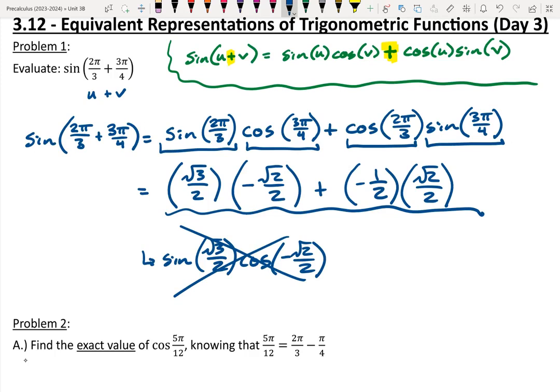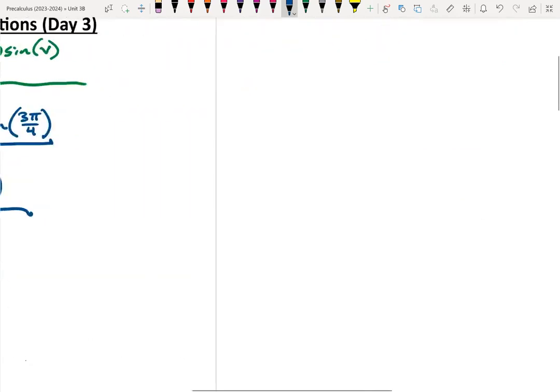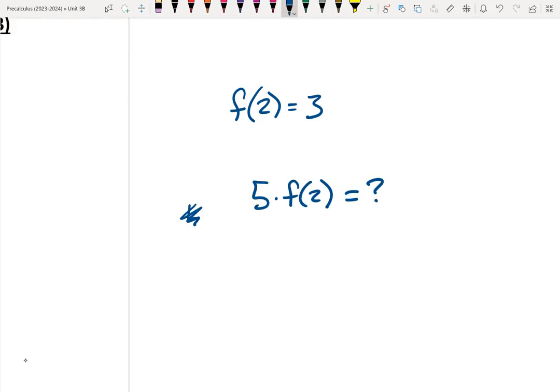It'd be the same thing as if I said, hey, here's a function, and let's say the function at 2 is equal to 3. And then I said, okay, what is 5 times f of 2? What is that equal to?